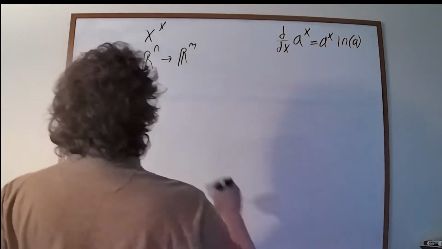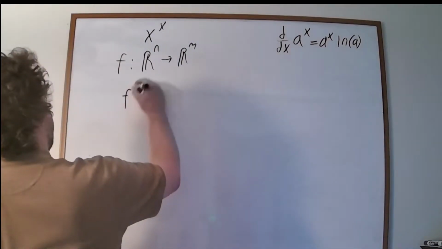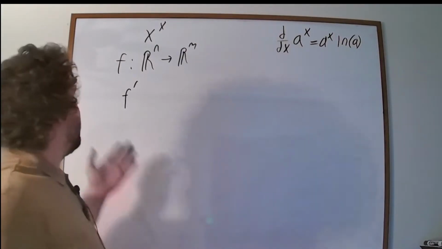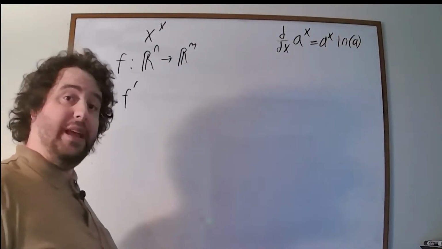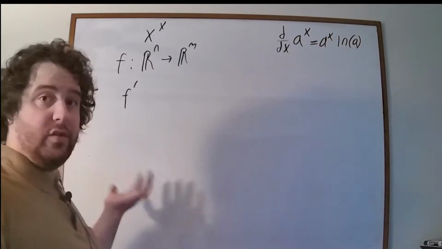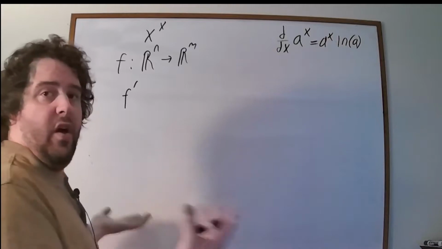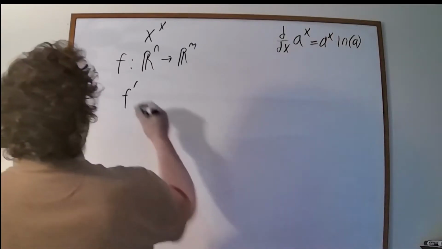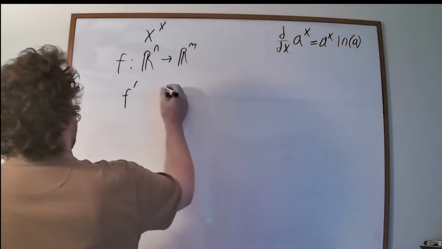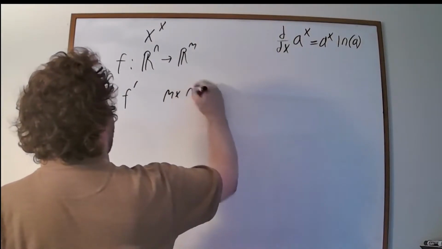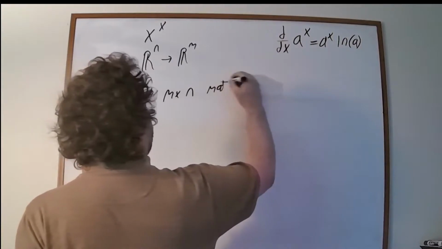Then the derivative, which I'm just going to write using traditional derivative notation. Sometimes you'll see this called the Jacobian matrix, but it's really the derivative, and it behaves exactly like the derivative in all appropriate ways. The derivative of this function is going to be an m by n matrix.